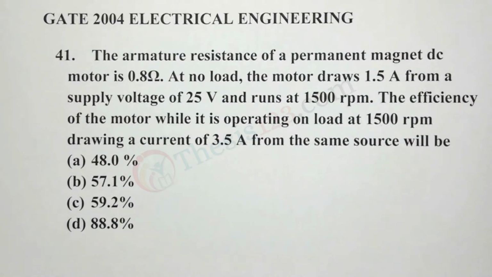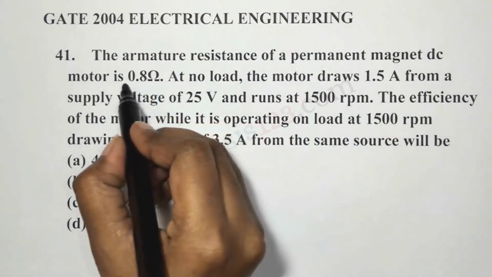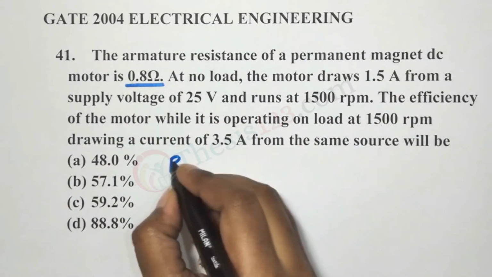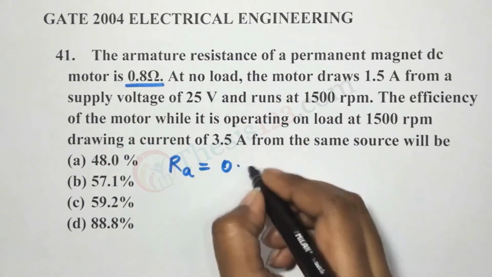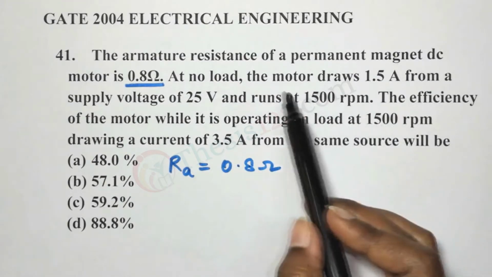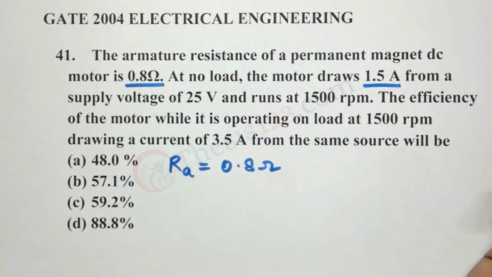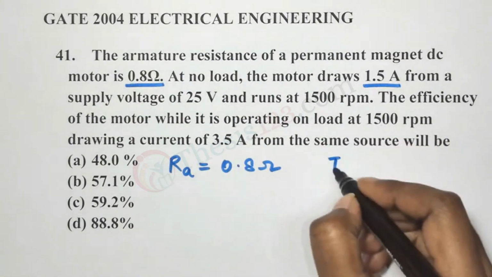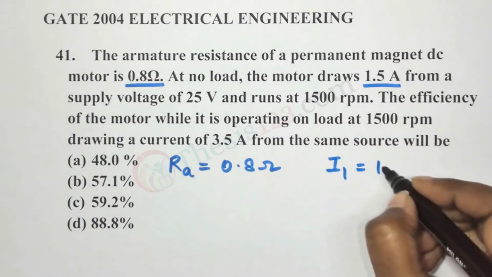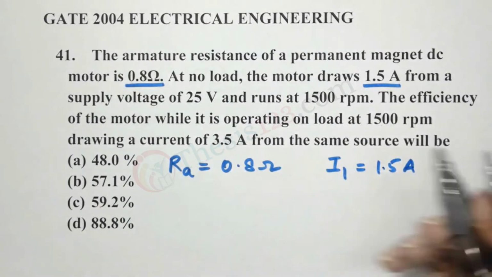So let's start by writing down what's given to us. Here we have the armature resistance given as 0.8. Then we have the current drawn as 1.5 amps at no load. So let's call that I1, this is 1.5 amps.